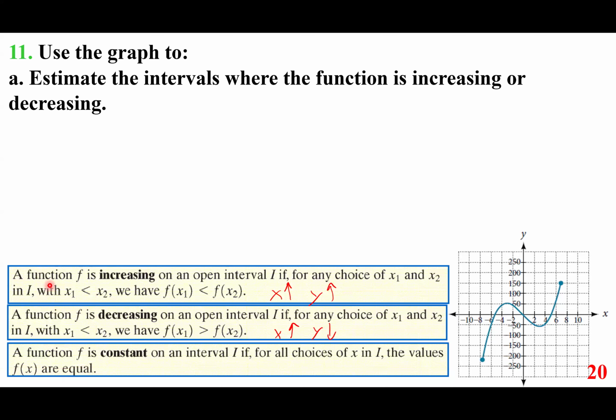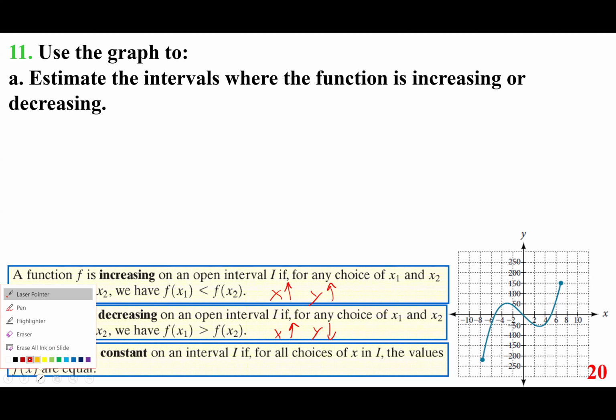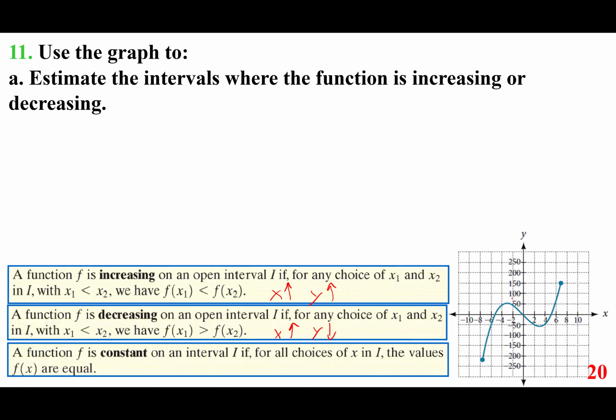So if you look at the portion that looks almost like a line with a positive slope, it is increasing. Same thing here. This is the portion which is decreasing. So the function is decreasing here.